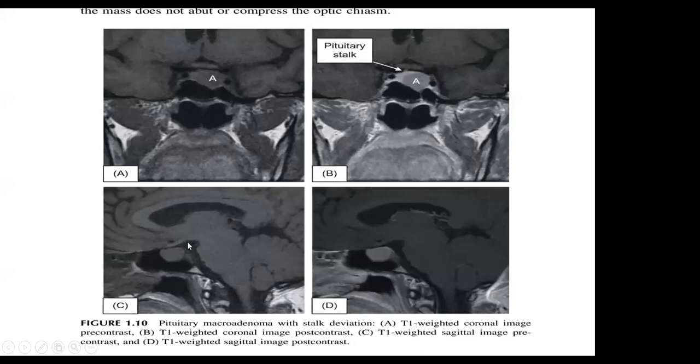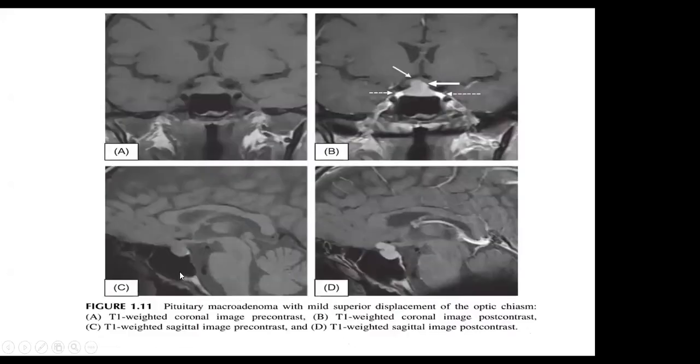And this is the sagittal section, pre and post contrast. Here is another case of a macroadenoma, but it compresses the optic chiasm mostly on the right side in this coronal and the sagittal section, and this is the pre and post contrast.